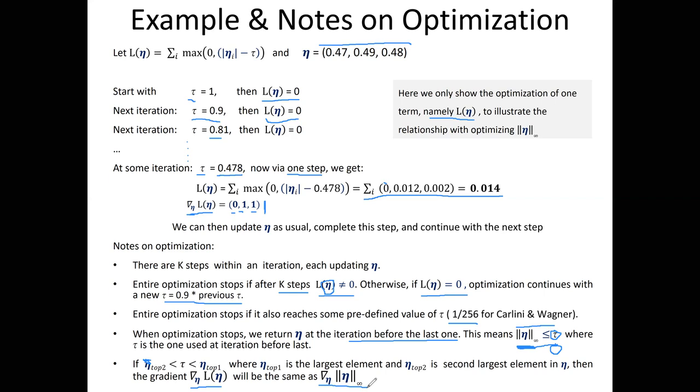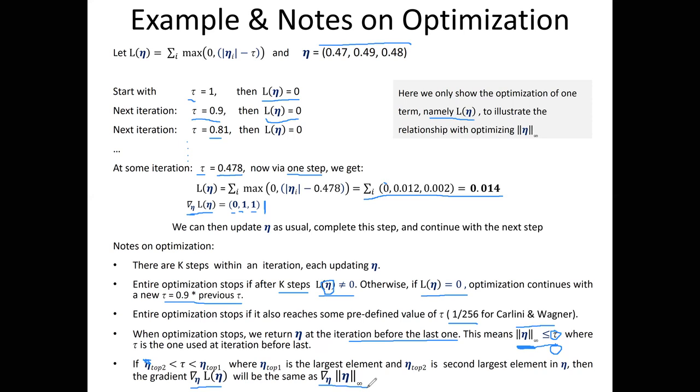If you are having smaller and smaller values of tau, meaning more and more entries in the eta have absolute values greater than tau, then you are more and more likely to not finish this minimization process where the L of eta is 0, where all the entries are less than tau, because there are just too many entries which are greater than tau at this point.